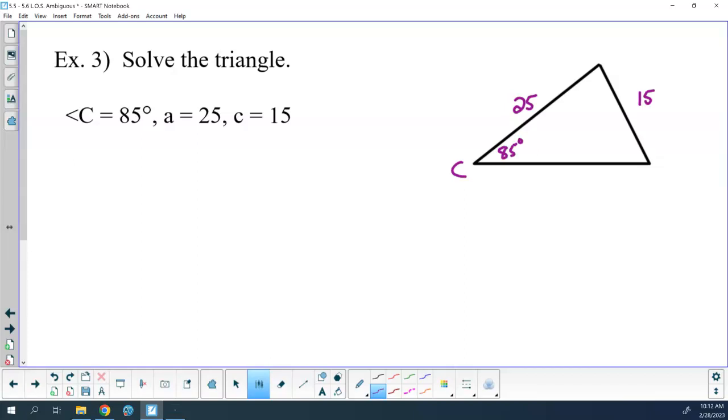So it is an angle side-side case. What do we have in terms of opposite and adjacent? Which one's longer? The adjacent is longer. What does that mean? It means we first have to find the height, correct?